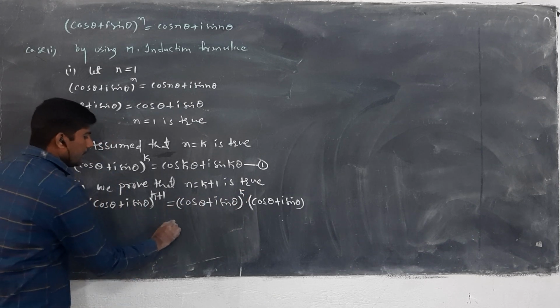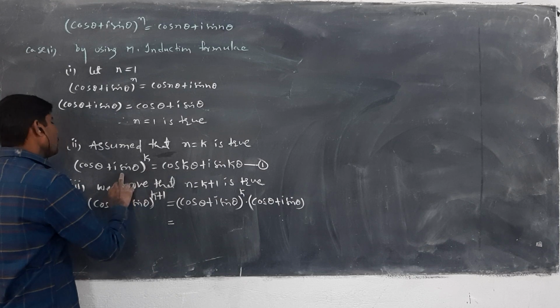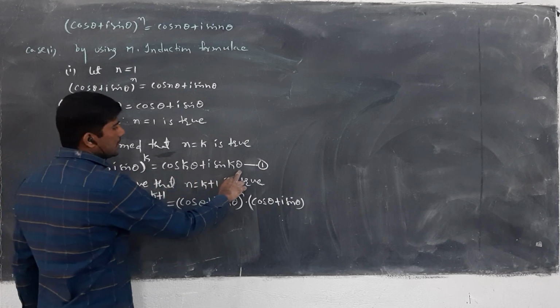From equation 1, cos theta plus i sin theta whole power of k is cos k theta plus i sin k theta.